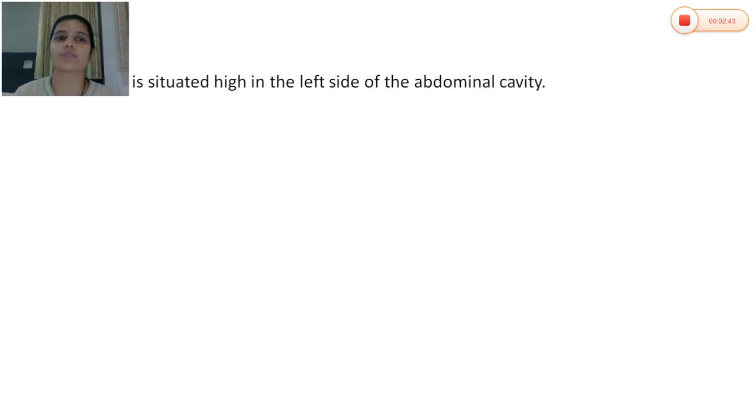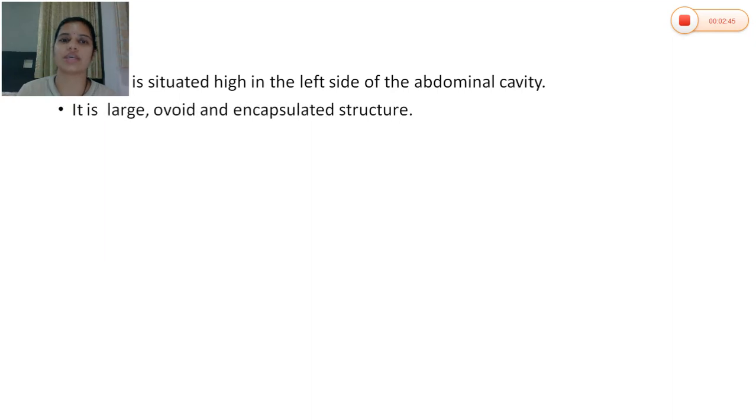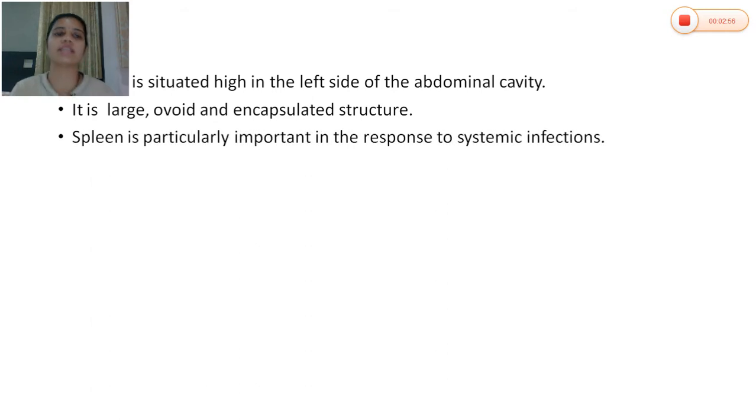Next is the spleen. The spleen is situated on the left side of the abdominal cavity. It is a large ovoid and encapsulated structure. The spleen is important in the response to systemic infections. Systemic is the term related to blood.